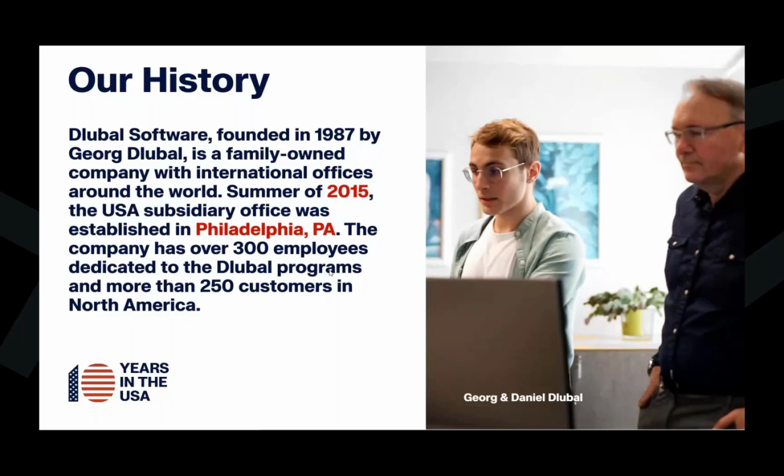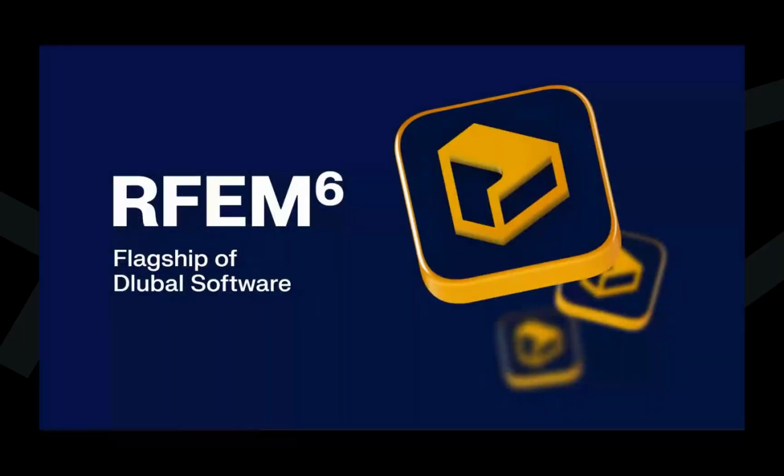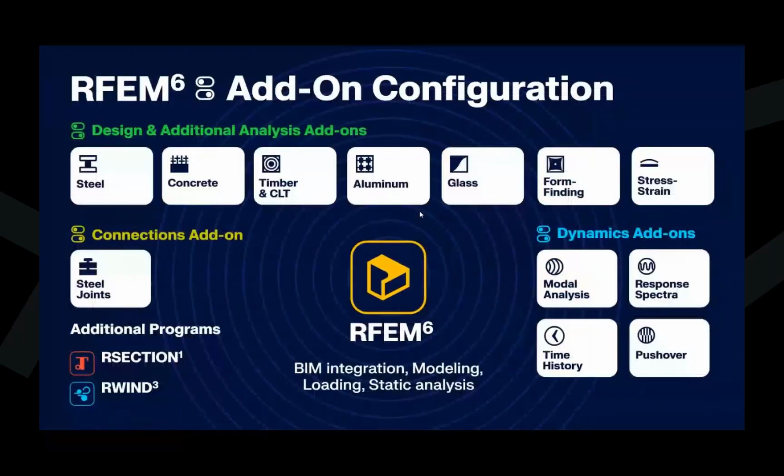So now moving on to RFEM 6. This is going to be the flagship of the software that we offer. This is our general FEA program that we will continue to dive into the details of here for the structural analysis and design. For those of you not familiar with our software, RFEM 6 is the base program.